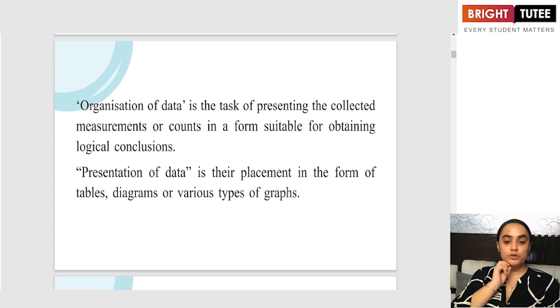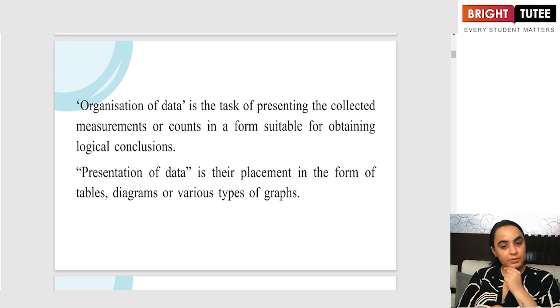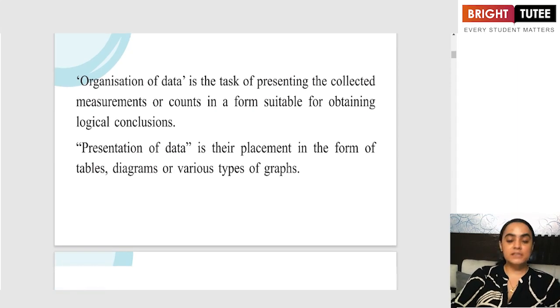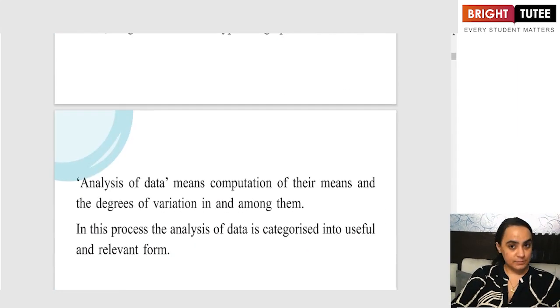Presentation of data means that you first collect the data, then you organize it. After you have organized the data, you have to present it so that everybody can look at the presentation and derive the information required. The presentation can be done in the form of tables, histograms, diagrams, or graphs. So this is how the presentation takes place.